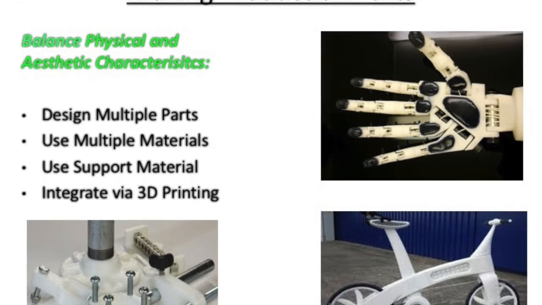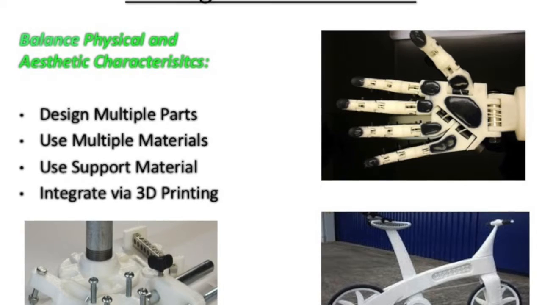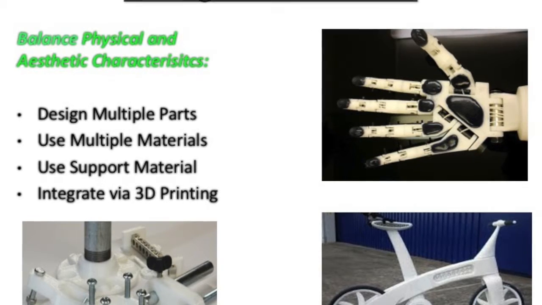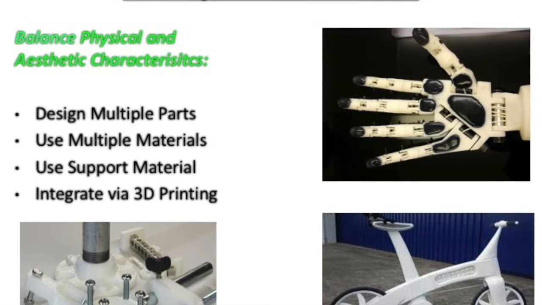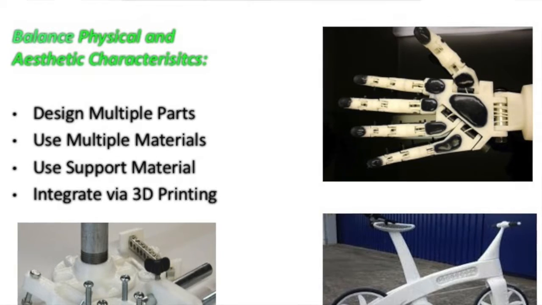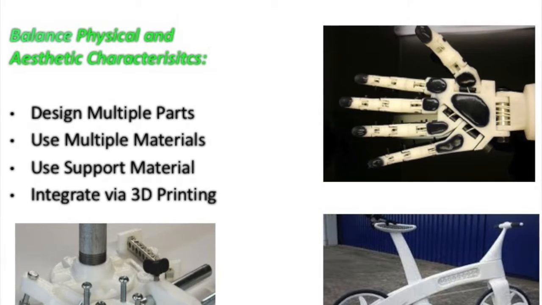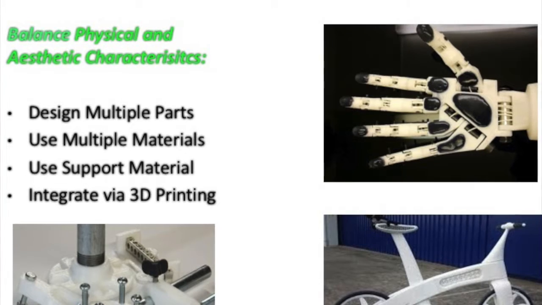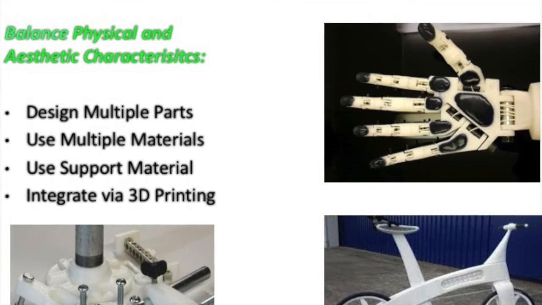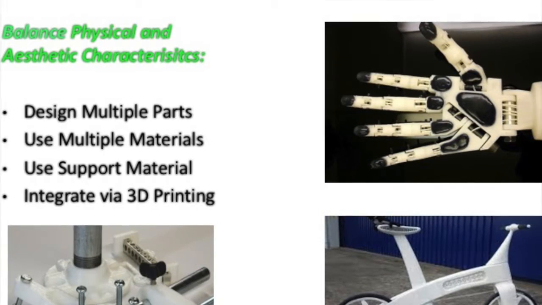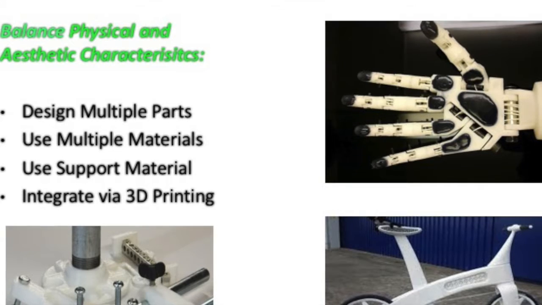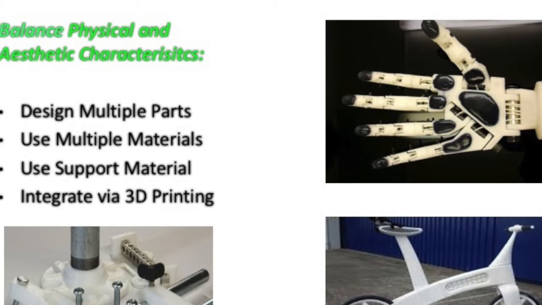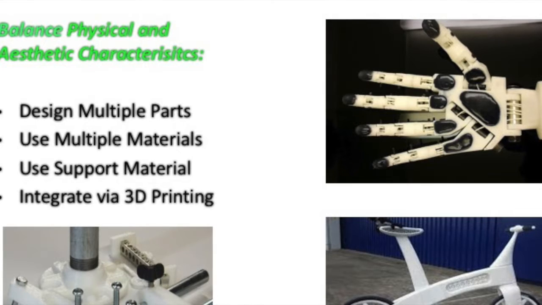In the slide above, you can note that there are ways that we can produce robotic hands, bicycles, and other small components where we have to screw them together. Keep in mind that we want to balance the physical aspect, the design portion, with the aesthetic character so that everything will work in tandem to create the effective 3D model that we ultimately want.